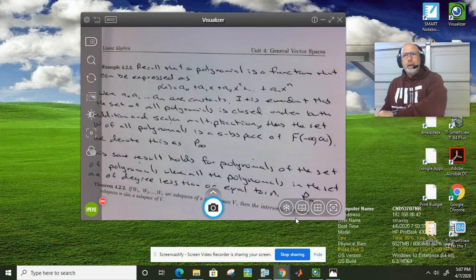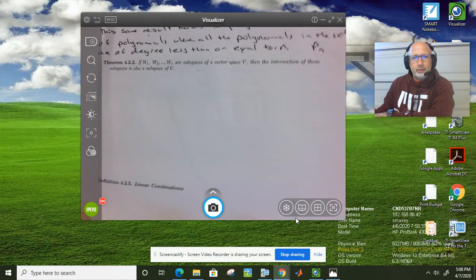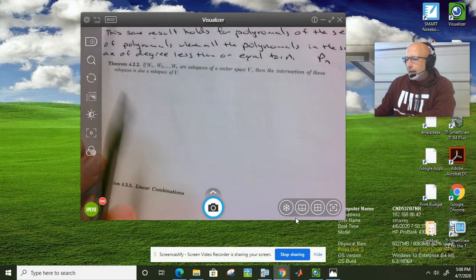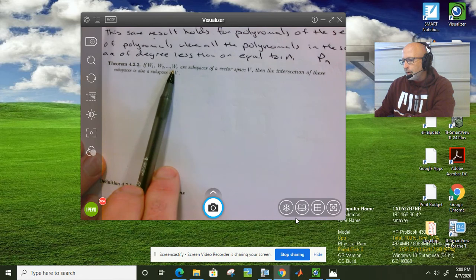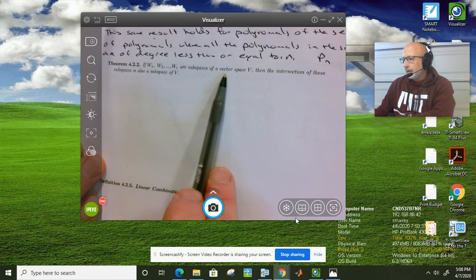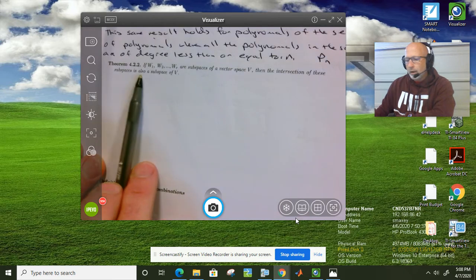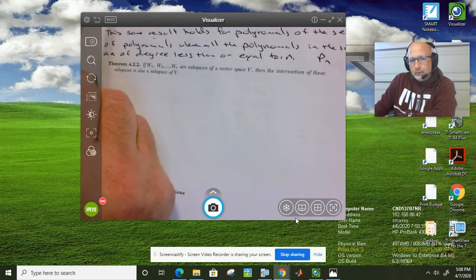Okay, intersection of subspaces. Would the intersection of subspaces constitute a subspace of itself? And the answer does turn out to be yes. So if we have W1, which is a subspace, W2 all the way to WR are subspaces of a vector space V, then the intersection of these subspaces is also a subspace on V. Okay, and once again, we are going to tell its story.